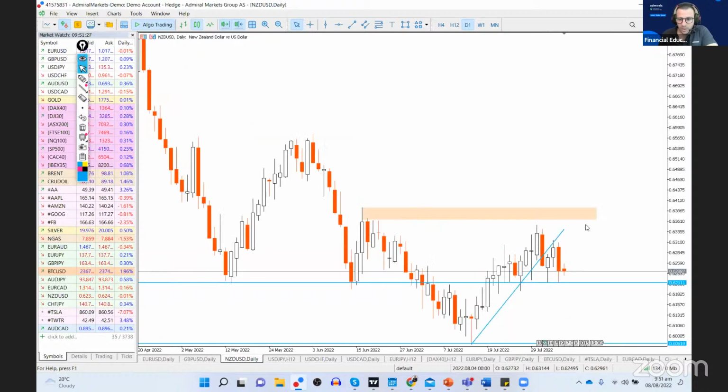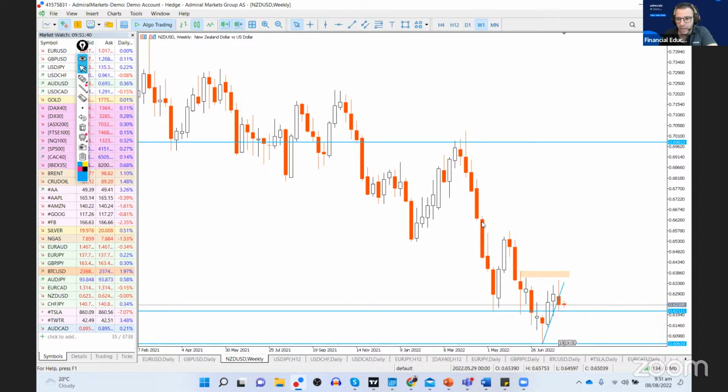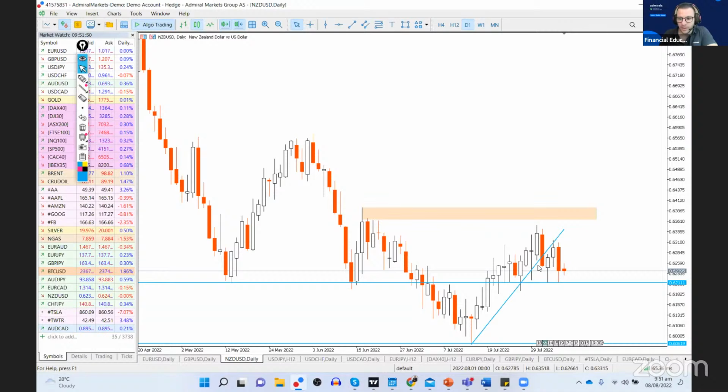Then New Zealand US dollar, same scenario. All of the majors, Euro USD, Pound USD, New Zealand, Australian, and so forth, if you see the weekly charts, they got a reversal and they stopped the buying pressure, at least temporarily. So it's like the downtrends resume.